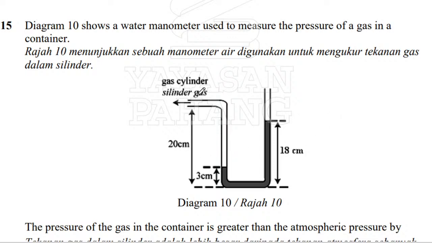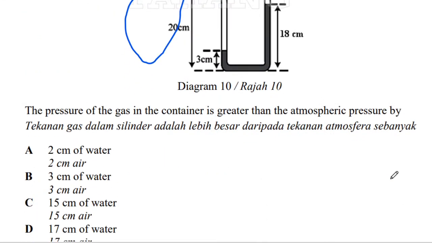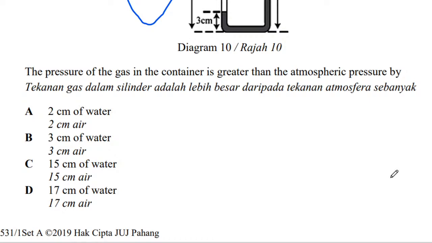You can see it is connected to the gas cylinder. So it means maybe there is a tank of gas here. So it means the gas pressure. If atmospheric pressure, it will be outside. So the question now is asking: pressure of the gas in the container is greater than the atmospheric pressure by how many cm? Which one is the answer?